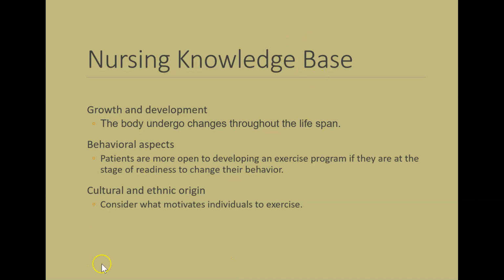Nursing knowledge base, growth and development. The body undergoes changes throughout your life span. Newborn and infant spines flex and they lack the anterior posterior curves of the adult. As they grow, the stability increases.